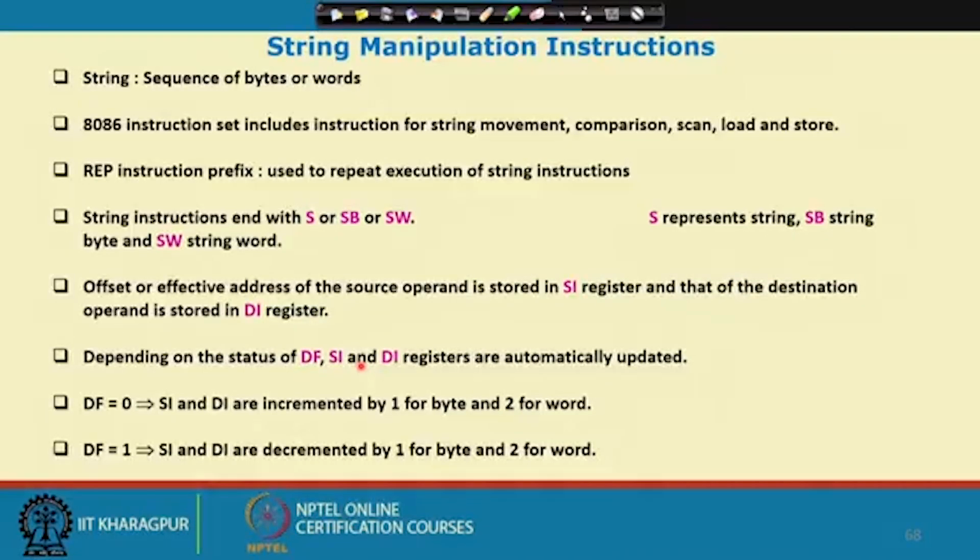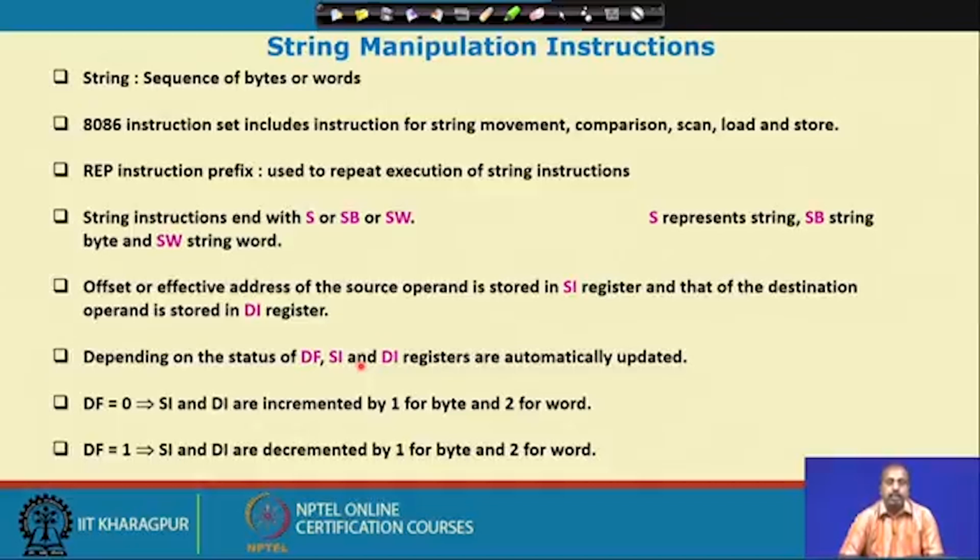This instruction set includes instructions for string movement, comparison, scan, load and store. These are the various string manipulation instructions available in the 8086 processor. There is one REP instruction prefix, the repeat instruction prefix. It is used to repeat execution of string instructions.